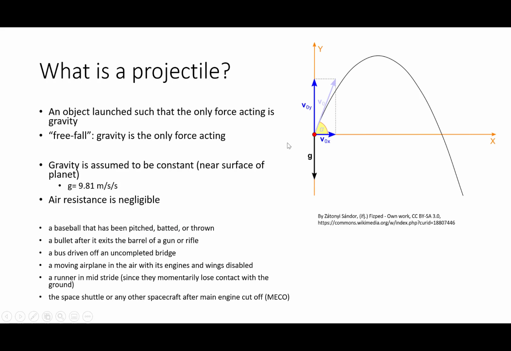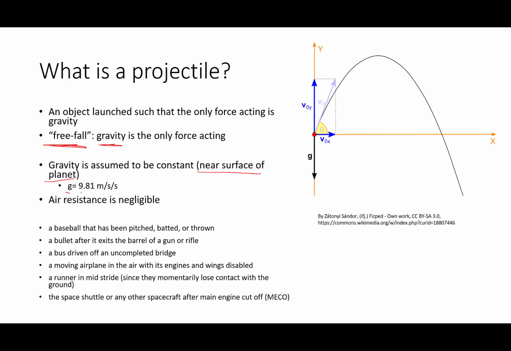So, a projectile is just an object launched such that the only force acting on it is gravity, which means it's in free fall. The definition of free fall is that gravity is the only force acting. A couple of assumptions that we make is that gravity is assumed to be constant, which is a good assumption near the surface of a planet.